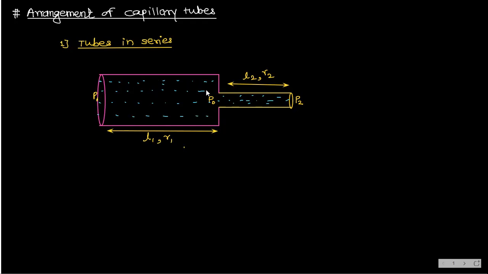Now, yesterday we have learned Poiseuille's equation. So we know from Poiseuille's equation, phi is equal to, V is what? Volume. Yes, no? Pi P R power 4 divided by 8 eta L.